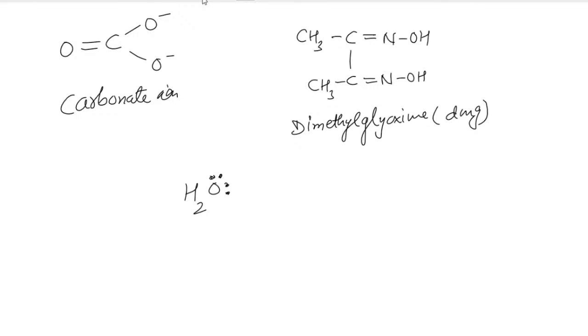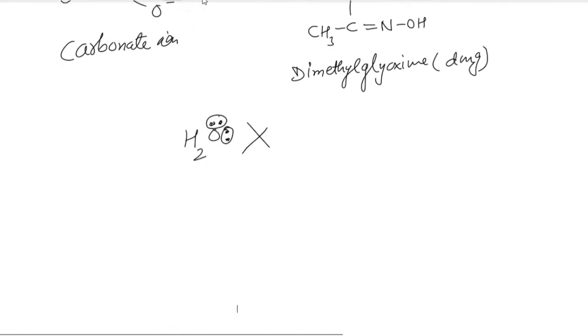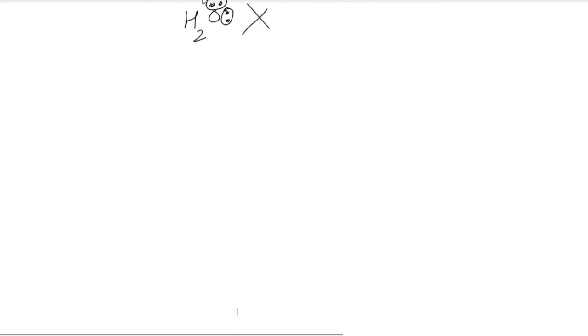So there must be two donor atoms present in it, not two lone pairs on the same atom. So water is not a bidentate ligand, it is only monodentate, because both lone pairs are on the same atom.